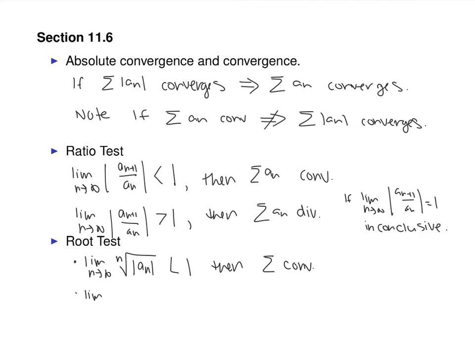If the limit as n goes to infinity of the nth root of your term is greater than 1, then the series diverges. And if it's equal to 1, it's inconclusive. Just a quick note about the ratio and the root test. When I say converges, these both test for absolute convergence.